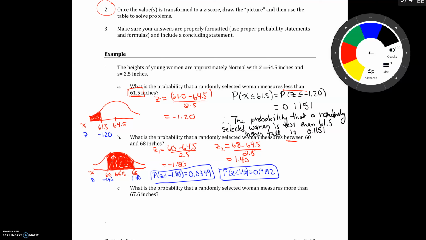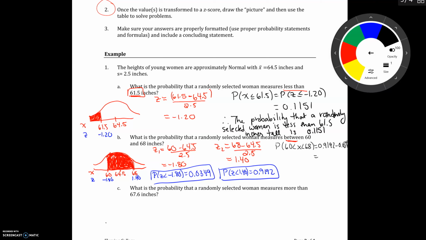So the next thing we need to do is figure out the probability that we're between 60 and 68 inches tall. Because this is between, we're going to figure out the difference between those two values. So we're going to take 0.9192 and subtract 0.0359.